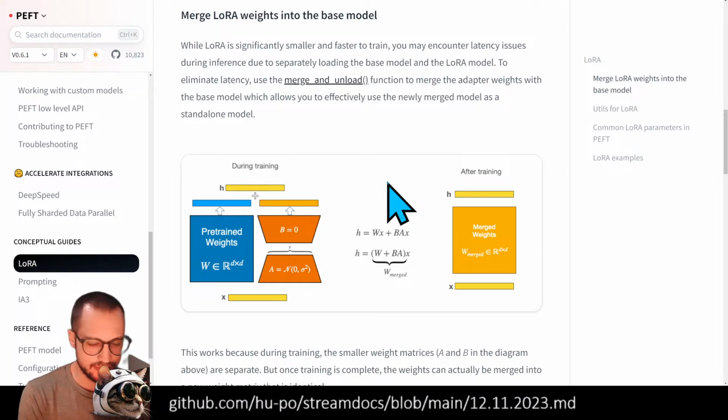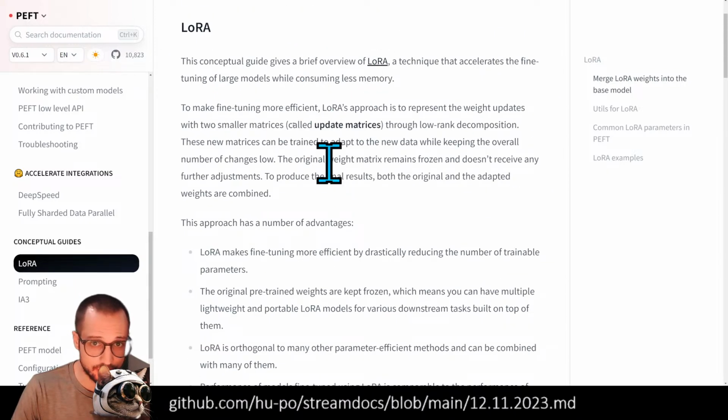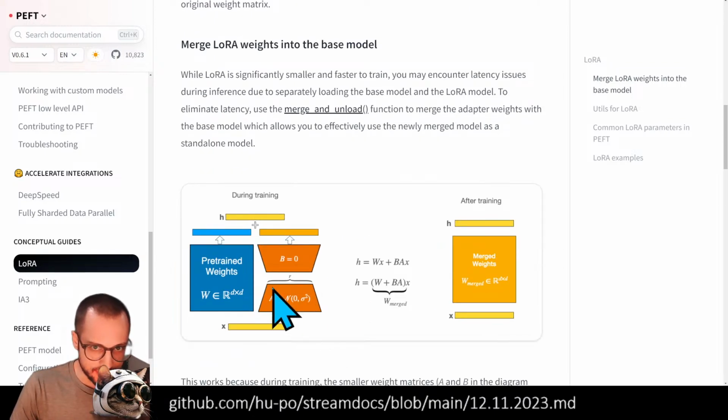I know most of you probably already know what this is, but bear with me because I want to make this content approachable to people that don't necessarily know everything. What exactly is a LoRA? A LoRA is a low-rank adapter: L-O for low, R for rank, A for adapter. What a LoRA does is it's basically an additional matrix in addition to the weights that you can train such that you can adapt the behavior of an already existing neural network.